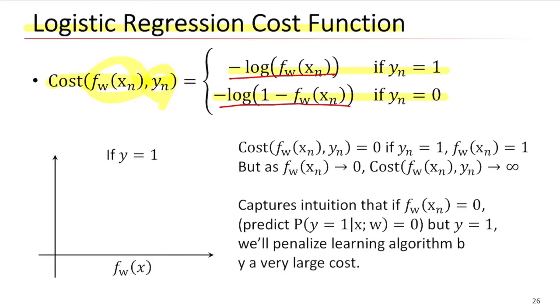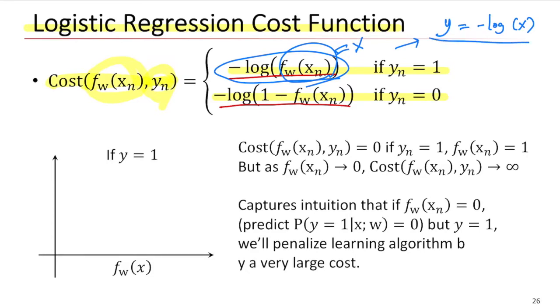Let's see the property of this equation. First of all, how can we draw this? Let's say this is some arbitrary variable. This function will be y equals negative log x, right? Do you know how to draw this one? At 1, the shape of this one looks like this.